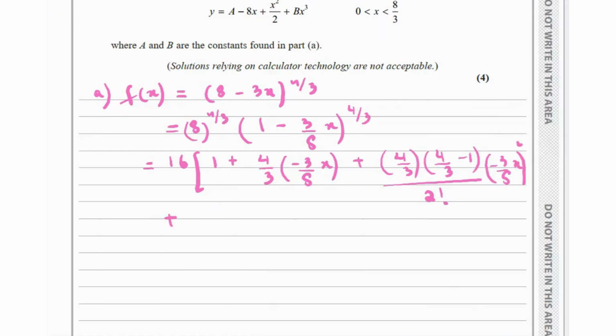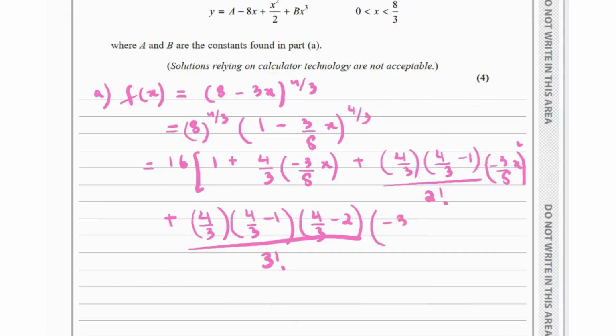Then plus n times n minus 1 times n minus 2 over 3 factorial times negative 3 over 8x whole cubed. We're going to stop at the term with x cubed because that's what the question is asking us.